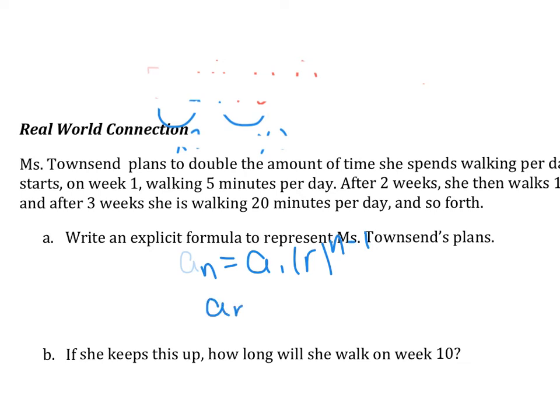Our first term was a 5, and our r is the number we're multiplying by each time. In this case, we're multiplying by a 2, or we're doubling. Make sure you know that 2 means doubling, 3 means tripling, 4 means quadrupling, 5 means multiplying by 5. And then we always do this, our n minus 1. That is your final answer for part A.